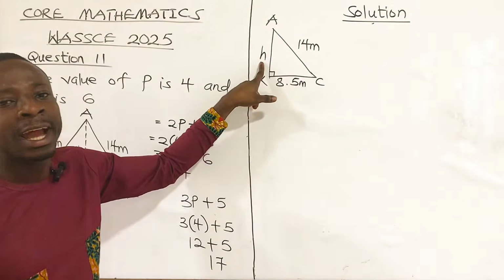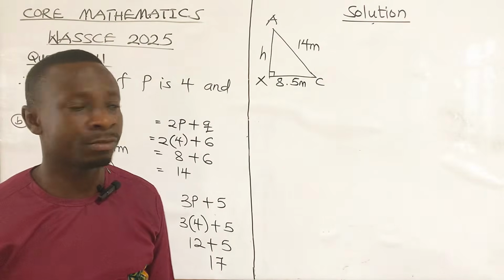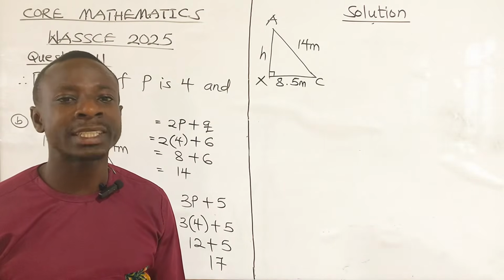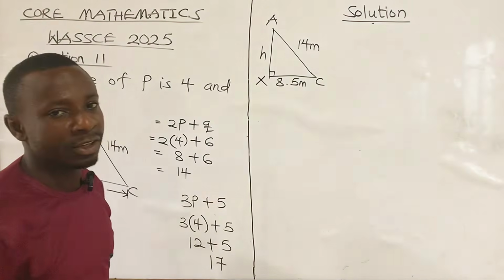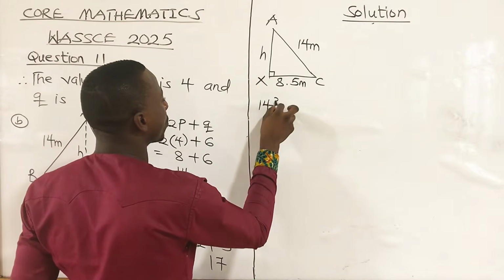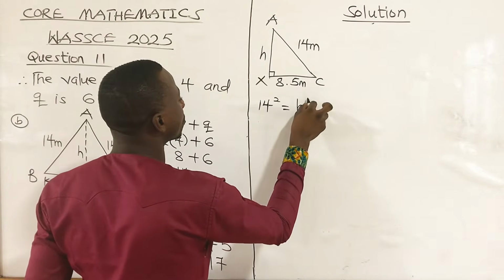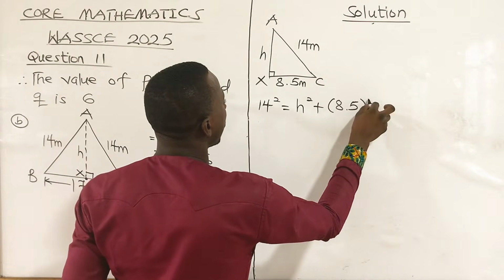Before I can get the height h, I'll be using the Pythagoras theorem because you are dealing with a right-angled triangle. So with Pythagoras theorem, I'll first of all square the hypotenuse. So I have 14 squared is equal to h squared plus 8.5 squared.